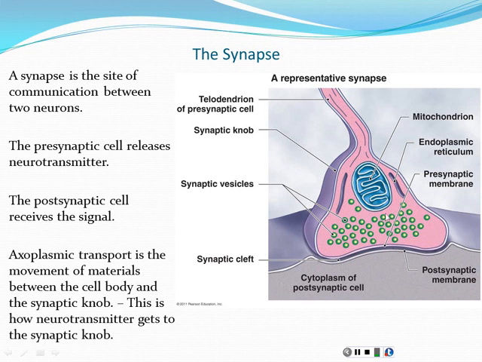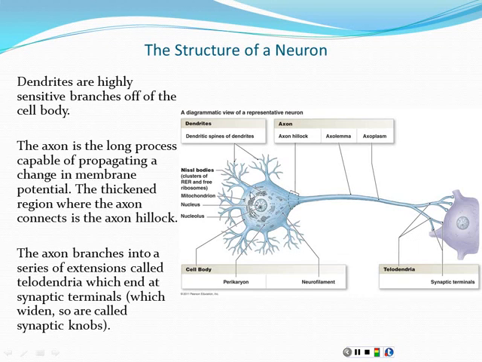Now, important to note, these neurotransmitters, their site of operation is at the synapse, but they're produced in the cell body. If they're made here but are needed down here, there has to be a mechanism for moving them down this big, long axon. That's called axoplasmic transport. It's important because without neurotransmitters, the nerve can't do anything.